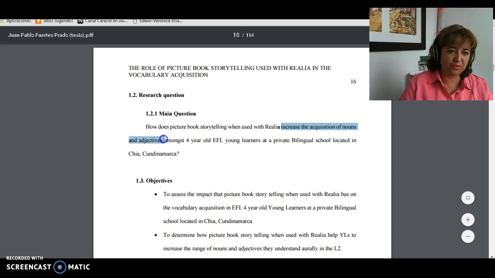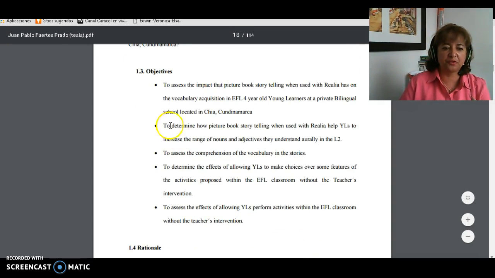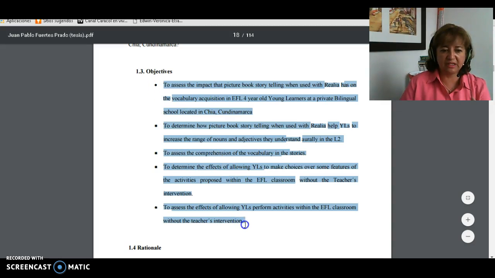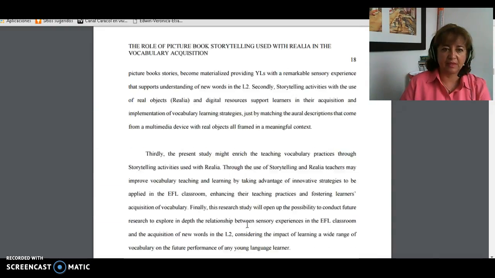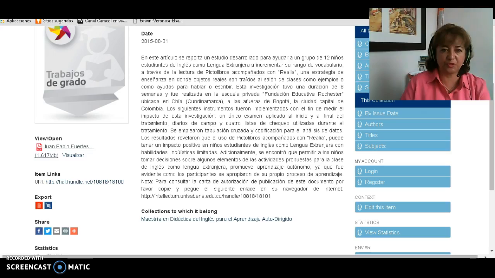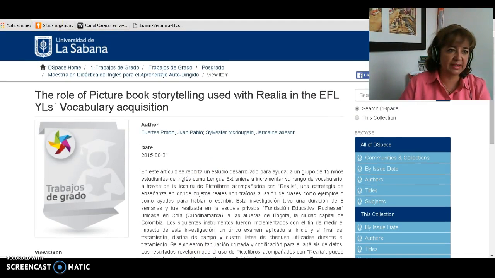See, for example, that this person is very specific. A strategy, a result, a specific population. And of course the objectives will be connected to that and will be connected to those strategies and those objectives. Let me find any other example that might help you.